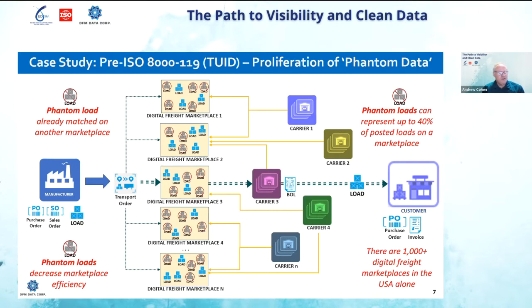Those identification numbers are unique to that particular broker or digital marketplace, not necessarily unique to the others. And if a manufacturer is using multiple digital freight marketplaces or multiple brokers, you will see that traffic listed multiple times, which then creates phantom data in the system. And it becomes nearly impossible to know what the status of that load is, whether or not it's covered, and where that load is.